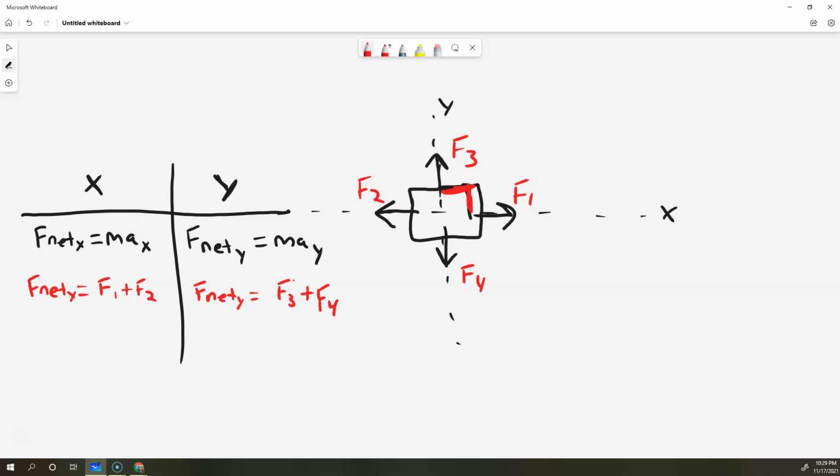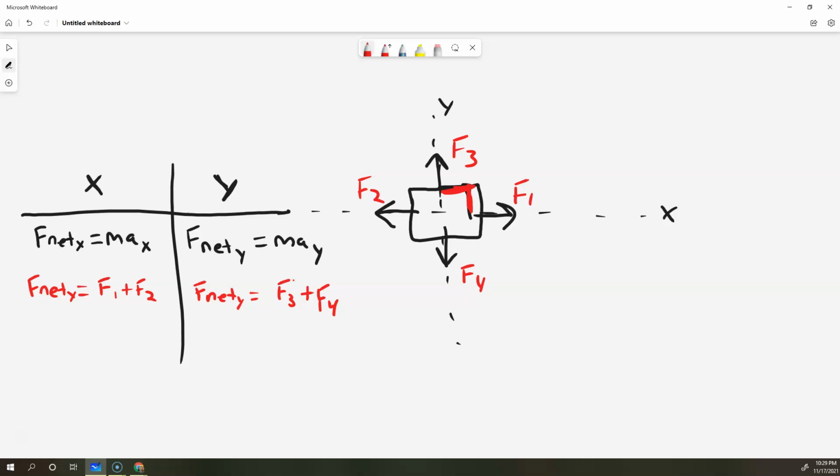So again, if you get a problem like this, we can't simply put all of these together. I cannot do F3 plus F4 plus F1 plus F2. I cannot do that. They do not belong together because they are 90 degrees together, and I can't do normal algebra with them. I can't do normal addition and subtraction.